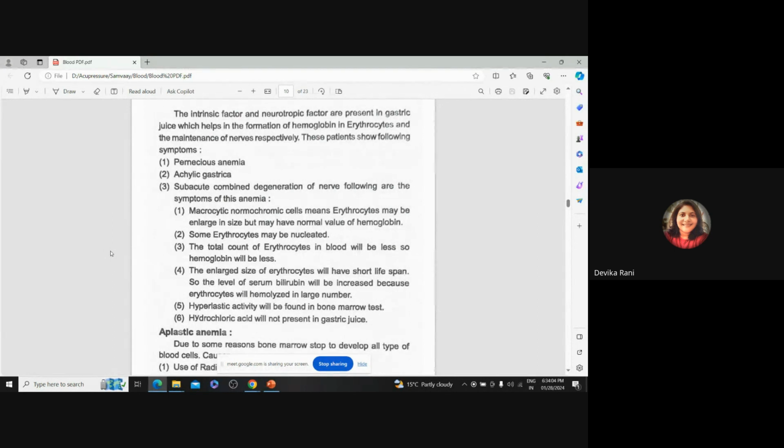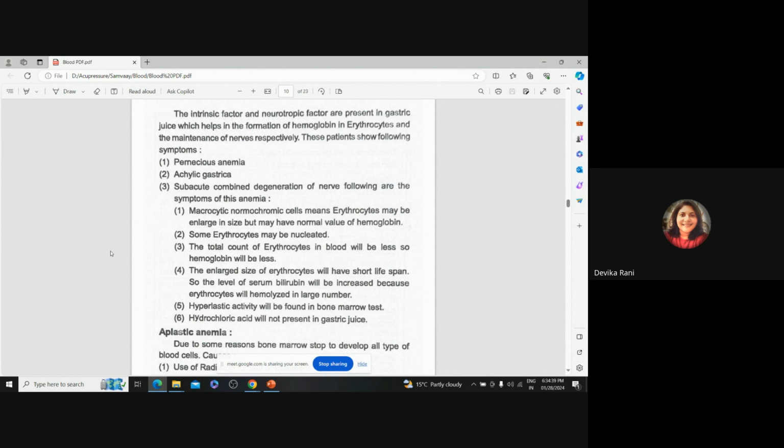And if the food is not broken down first and a few nutrients are not absorbed in the stomach, then of course the required nutrients are not going for the formation of the red blood cells. Then, of course, subacute combined degeneration of nerves happens.